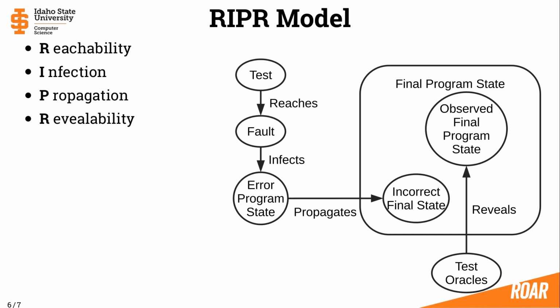That final state is then observed by using test oracles to compare against and reveal that observed final program state. So the incorrect state must be a part of the final program state. The observed final program state, as shown to us and compared against by our test oracle, must reveal that fault. Reachability, infection, propagation, revealability. Think about these things.